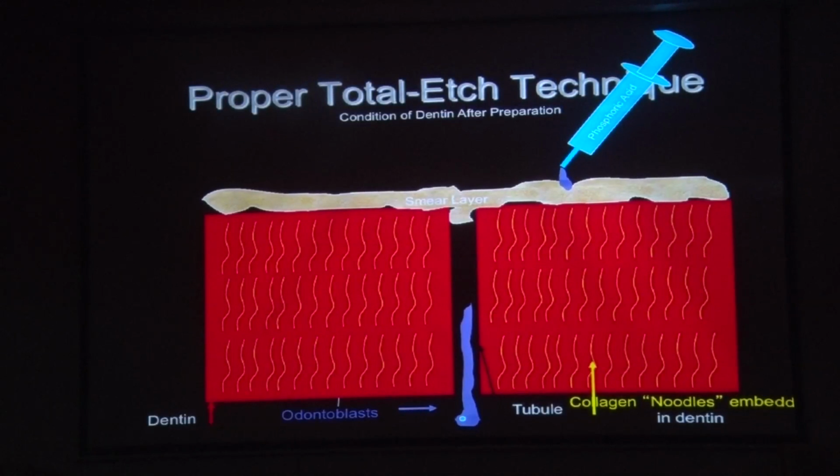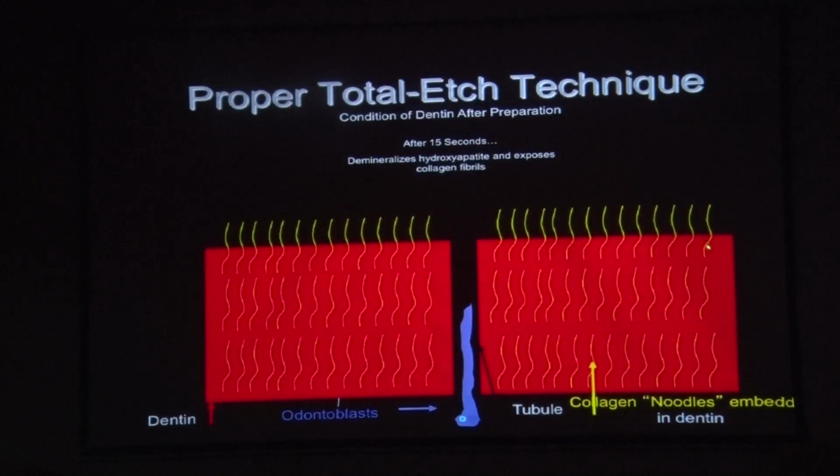So I start from enamel, go on to dentine, immediately rinse it off, gently air blow, then apply my adhesive. In between, the etchant removes the smear layer completely, which you can't see. Along with that, it demineralizes enamel and dentine, to a variable level: 3, 4, 5 or 6 microns.